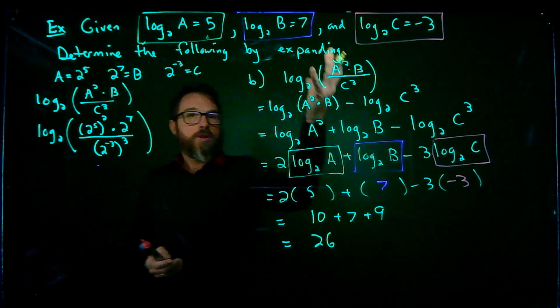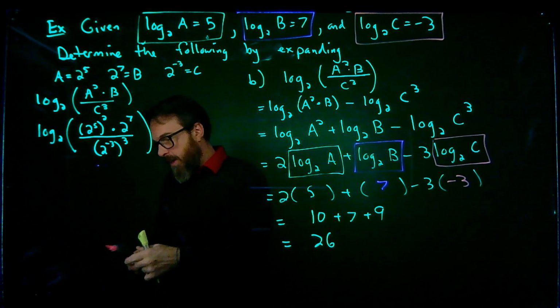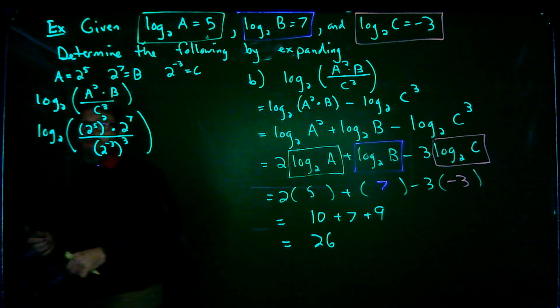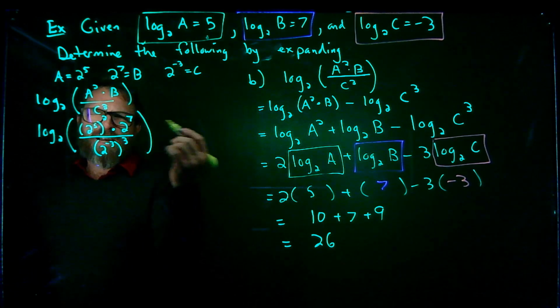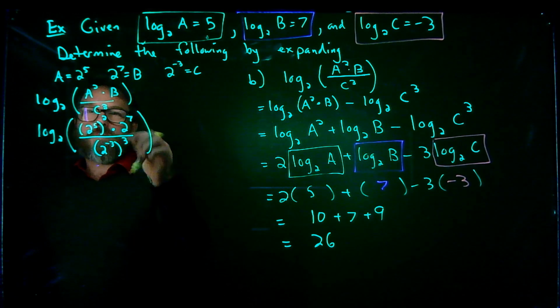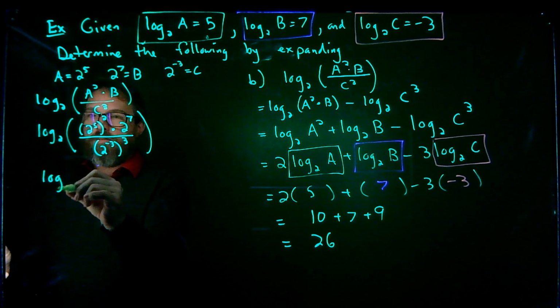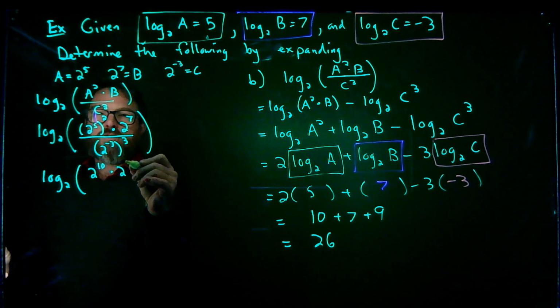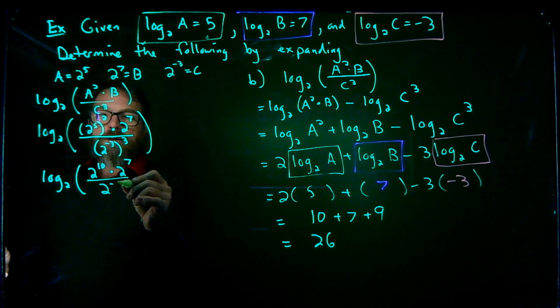Now, instead of using the rules of logarithms, we're going to use the rules of exponentials, knowing that they're equivalent. So we'll get the same answer. Let's handle this first. We have to do these powers to powers first. So this is going to be 2 to the 10th times 2 to the 7th, all over 2 to the minus 9.